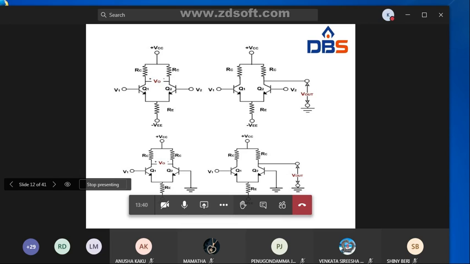If the differential amplifier contains one input, then it is a single input differential amplifier. If the output is taken between one collector and ground, then it is called an unbalanced output differential amplifier. If you have two inputs, then it is called a dual input differential amplifier.